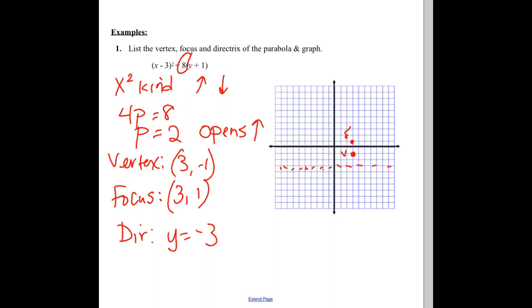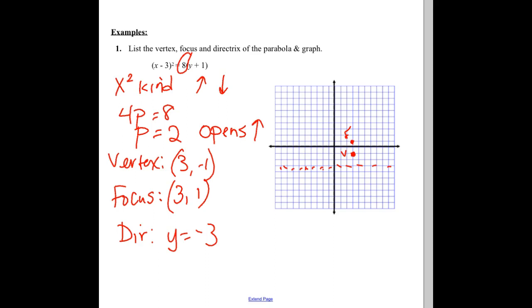How do we find those other points on the parabola to figure out how wide to make it? Well, 8 equals 4p, right? P was 2. So 8 is what we call the focal length, all right? The length of the chord through the focus with the endpoints on the parabola.